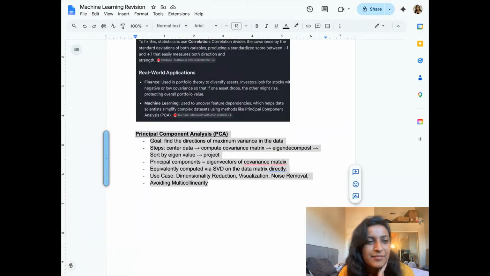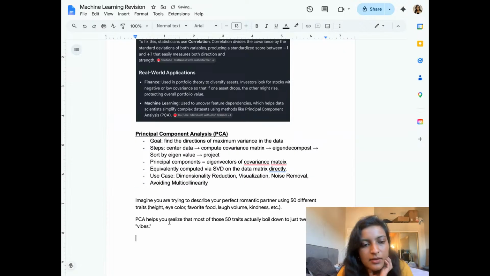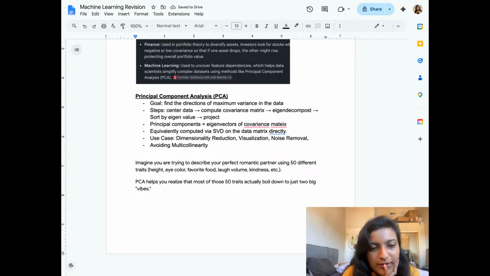Okay, I have another example. Imagine you are trying to describe your perfect romantic partner using 50 different traits. PCA helps to realize that most of the 50 traits boil down to just two big vibes.